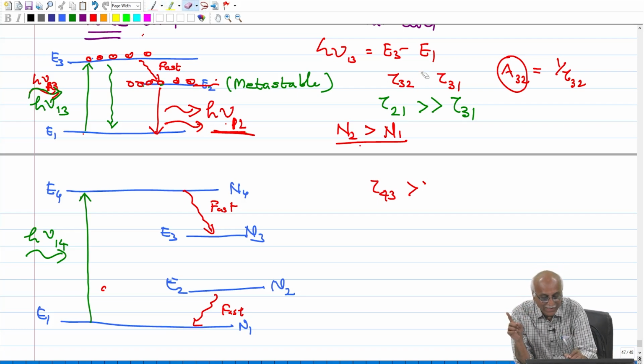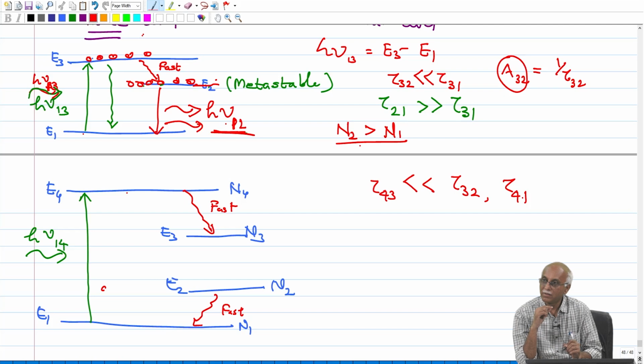Here, tau should be short. I am very sorry. And tau 21 is correct, it is much larger. Here tau 43 should be very short, then tau 32 as well as tau 41.